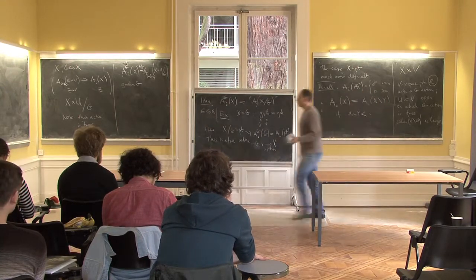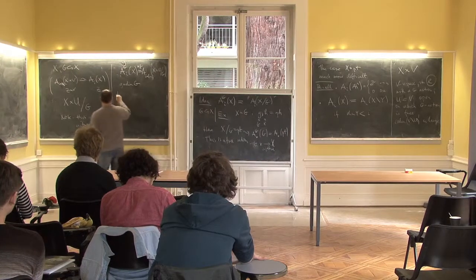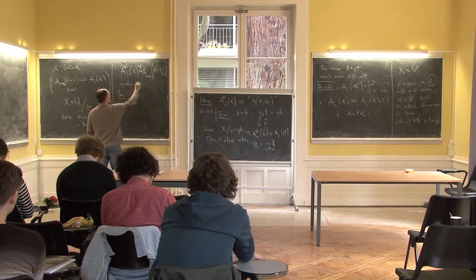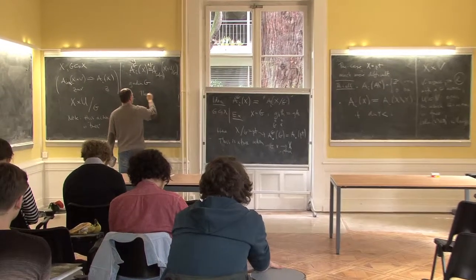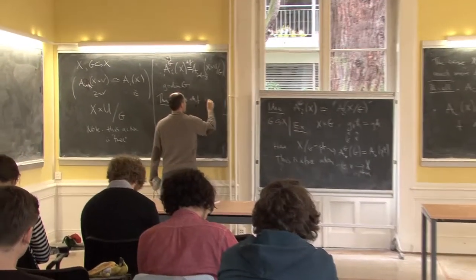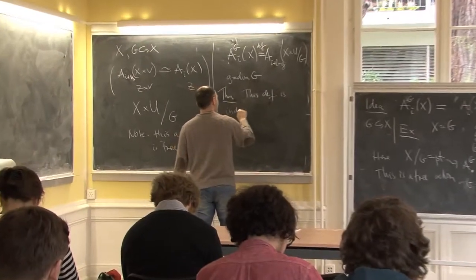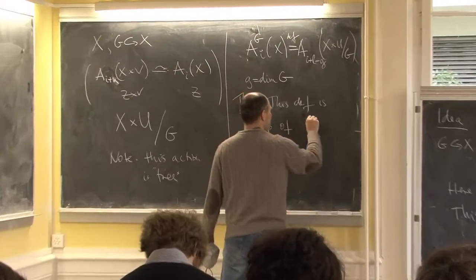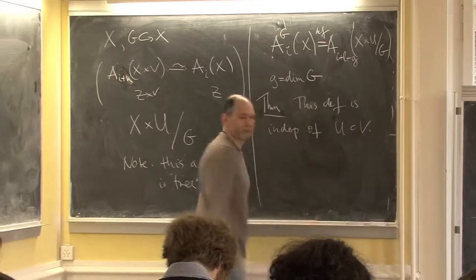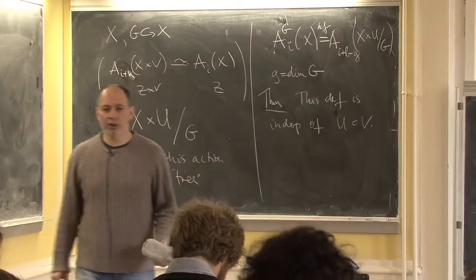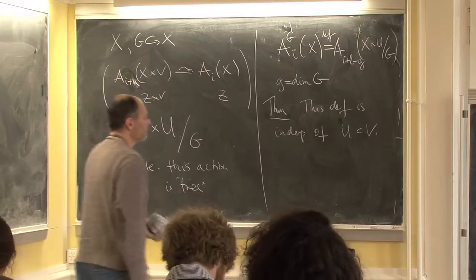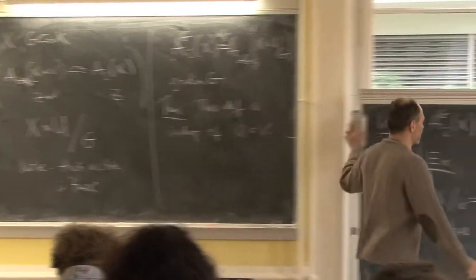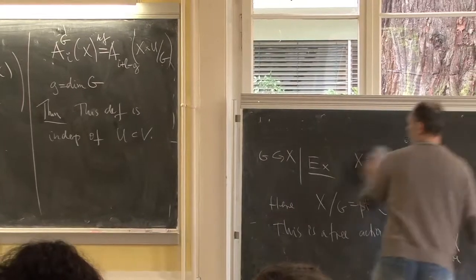Then actually it's a theorem, which I'm not going to prove, that this definition is independent of this pair U, V which I'm using. Okay, now actually in the examples that I'm telling you, so it's a very good question in fact, it will be completely clear what the quotient is.